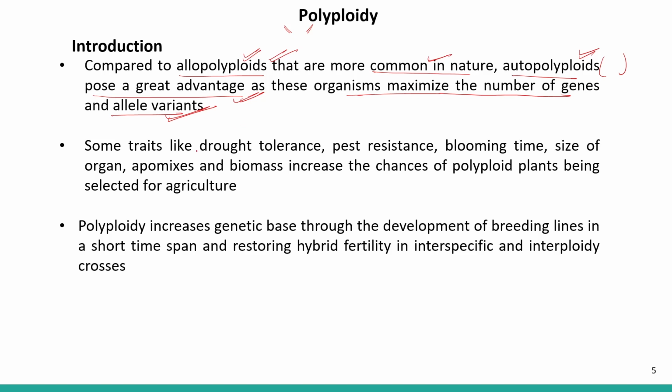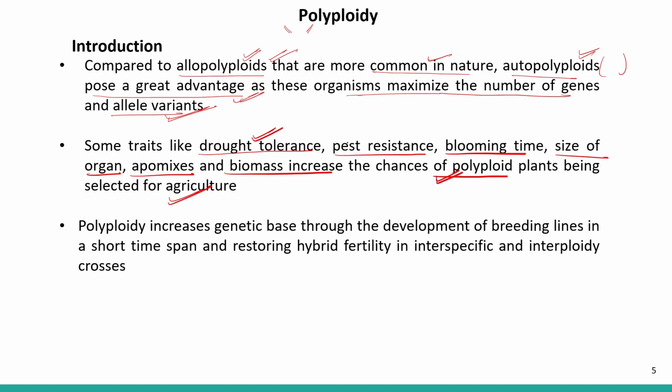Some traits like drought tolerance, pest resistance, blooming time, size of organ, apomixis, and biomass increase the chance of polyploid plants being selected for agriculture. So these are some of the traits that are identified in polyploids.